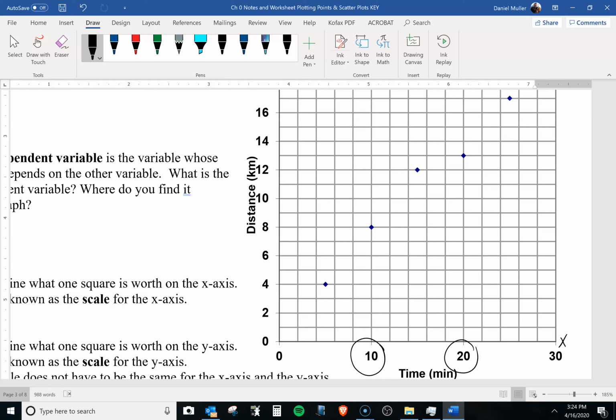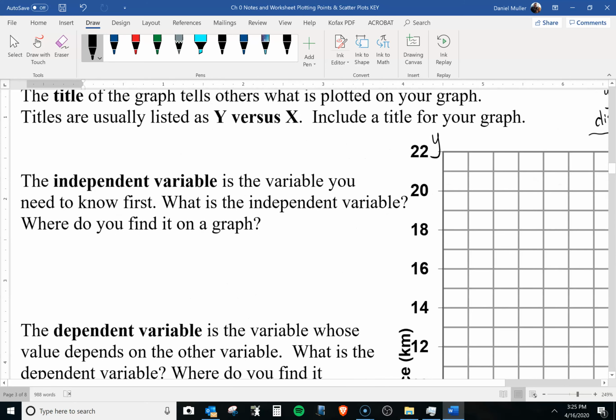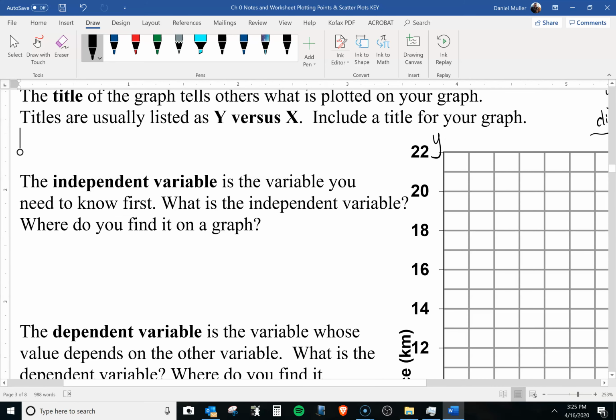Whenever you travel somewhere, you look at how long you have been driving for, and that tells you, unless you know your speed, how far you've gone. So you want to know the time first, and then that will dictate the distance you've traveled. So the independent variable is the thing that you need to know first, and that's always the x-axis.